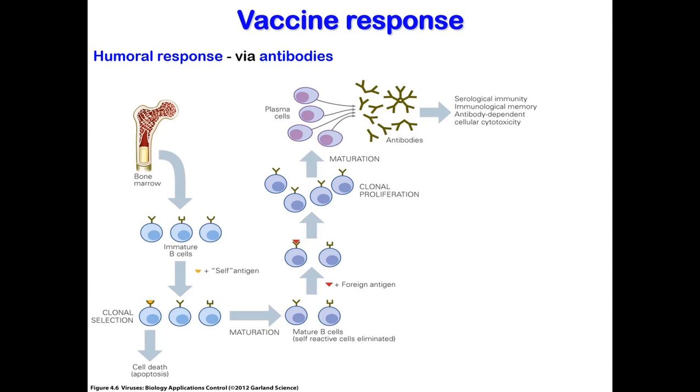The humoral immune system deals with antigens from pathogens that are freely circulating or outside the infected cells. Then the antibodies produced by the B cells bind to antigens, neutralizing them or causing lysis, so the dissolution or destruction of cells, or phagocytosis.